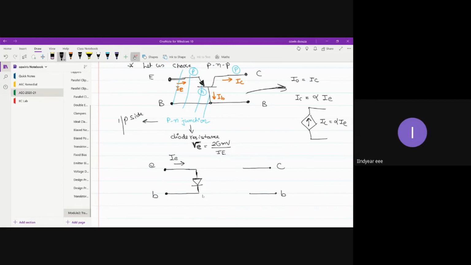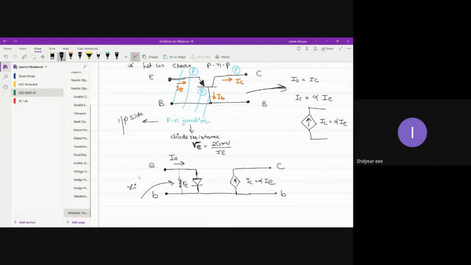The input current is going to be the emitter current. And on the output side, you have a controlled source, IC equal to alpha times IE. Hence this diode can be replaced with resistance RE.